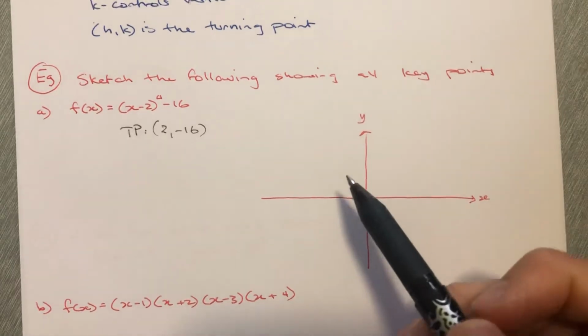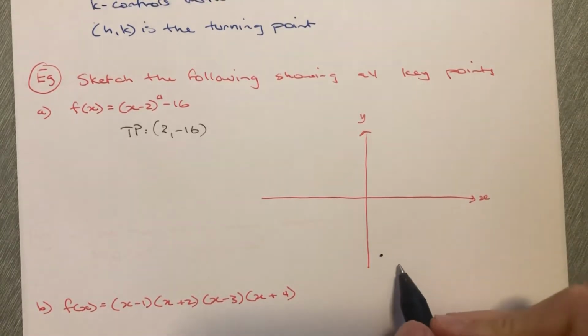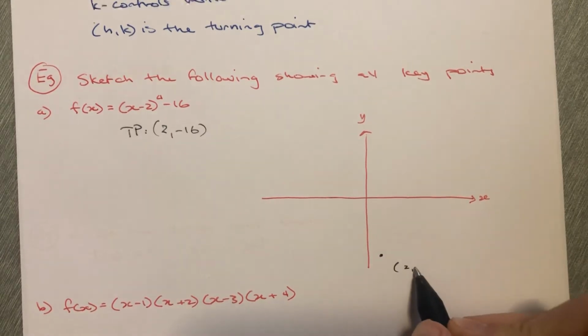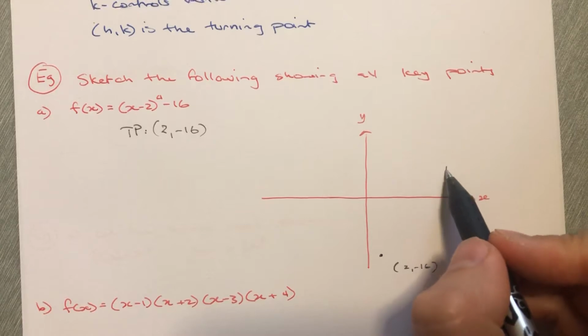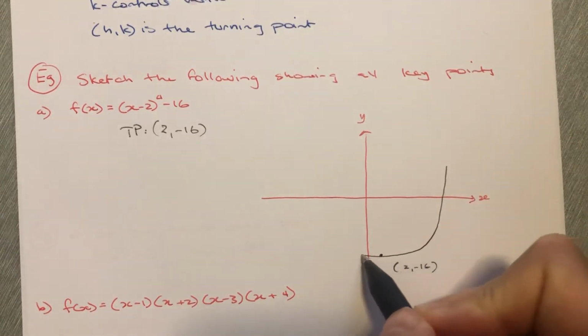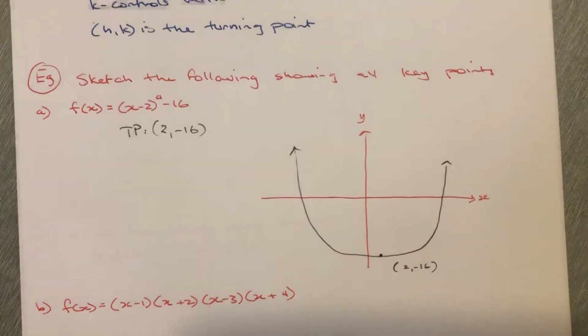So we should have, if we go 2 and -16, this isn't perfectly to scale, but that's okay. Our graph should have a shape of something like that. Doesn't have to be absolutely perfect, but that'll do.